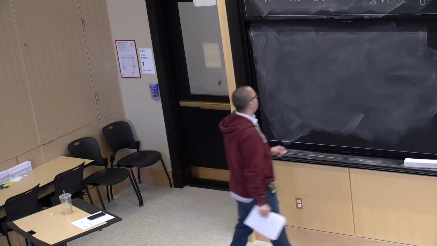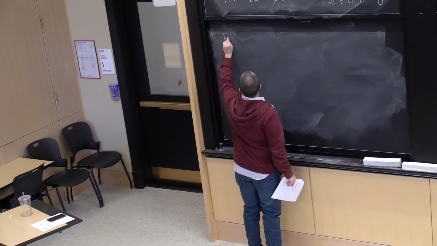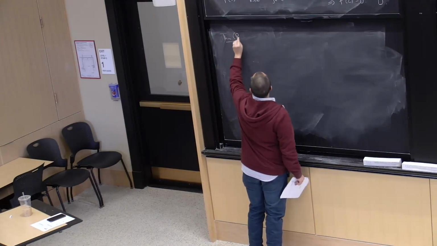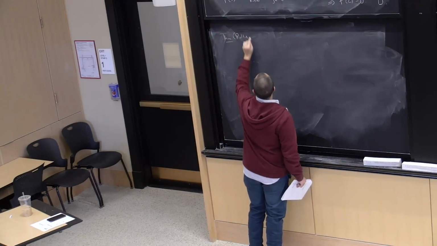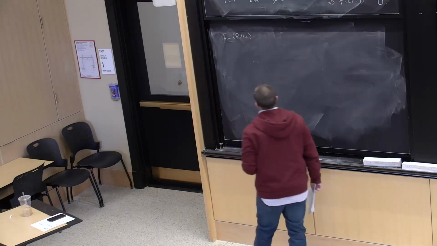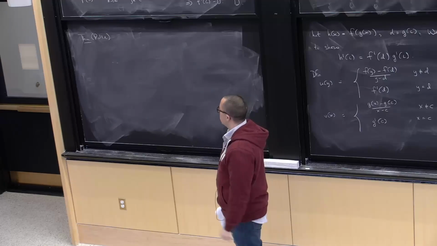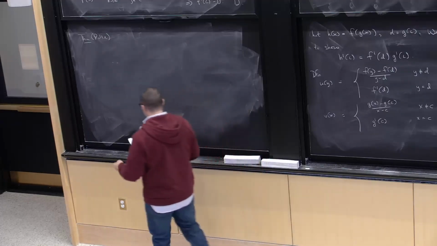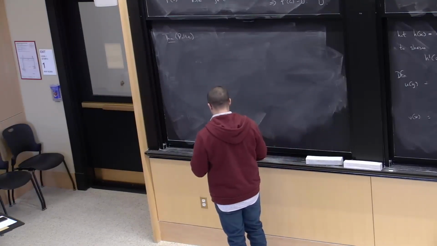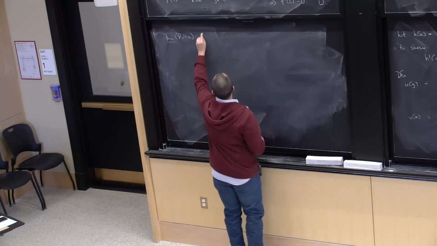Okay, so now we have Rolle's theorem, which is essentially the mean value theorem rotated. We'll get the mean value theorem from Rolle's theorem, which states the following.